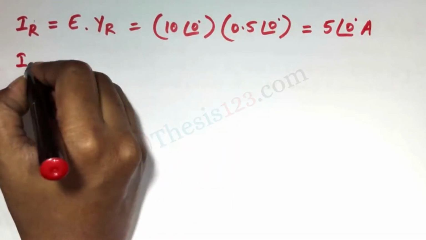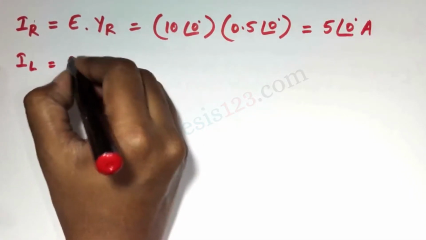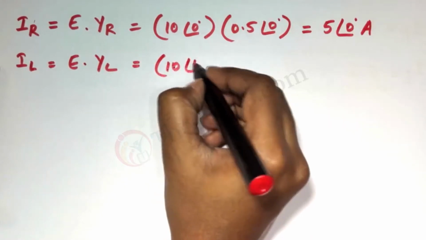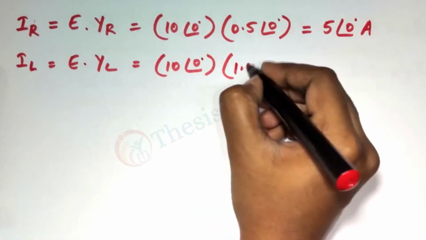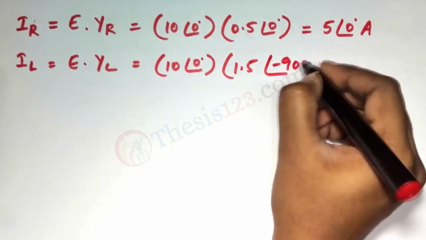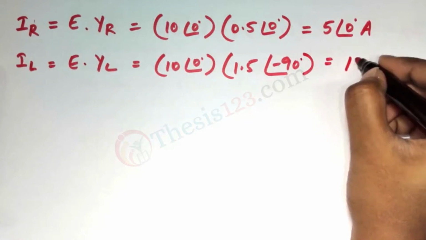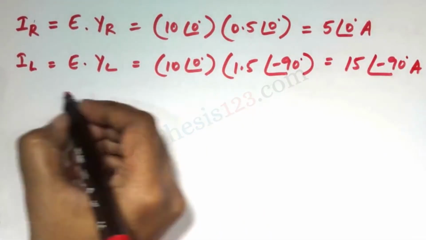Next, we calculate the current through the inductor, IL. So IL is E times YL, that's 10 angle 0 times the value of YL we found to be 1.5 angle minus 90. Multiplying the two, we get the value as 15 angle minus 90 amps.